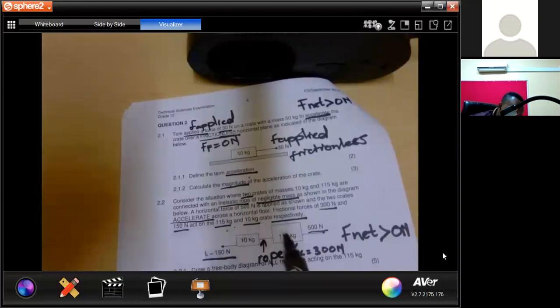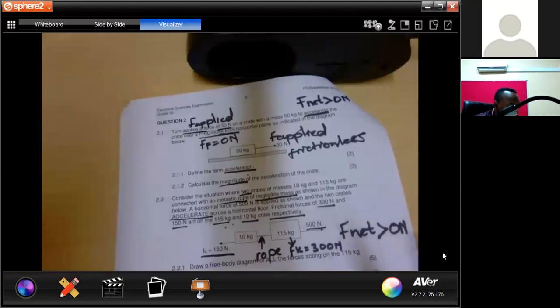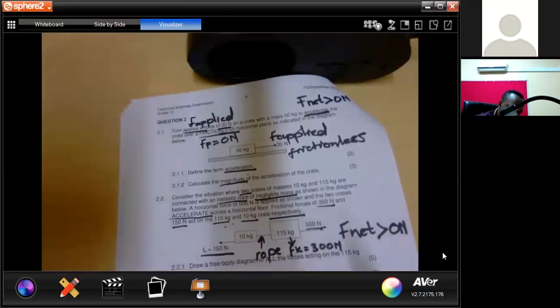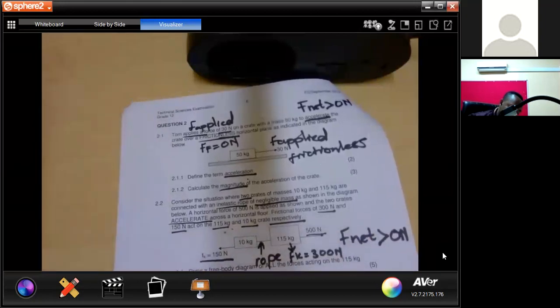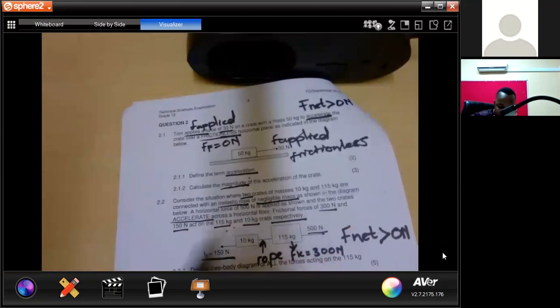Because they are one system. Yes, it's two objects, but because they are connected, they are one system, so they move together. So if they move together, it means their acceleration is going to be the same. So the acceleration on the 115 kilogram block is the same as the acceleration on the 10 kilogram block. Are we together?